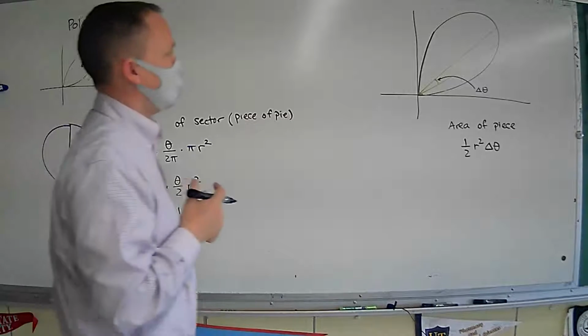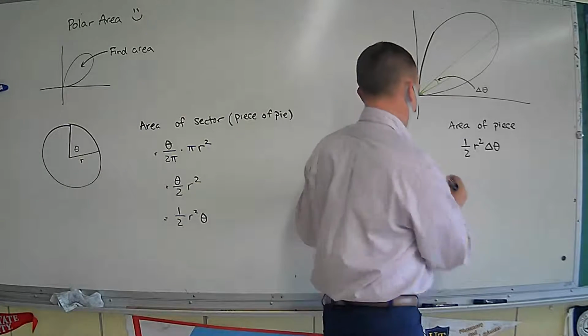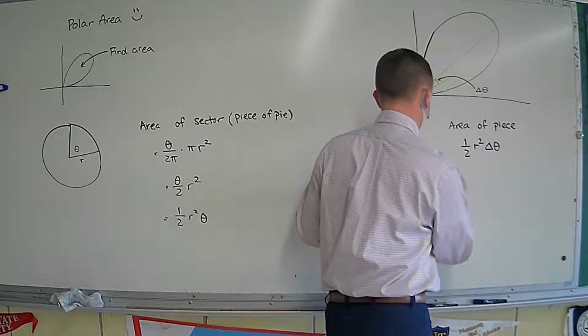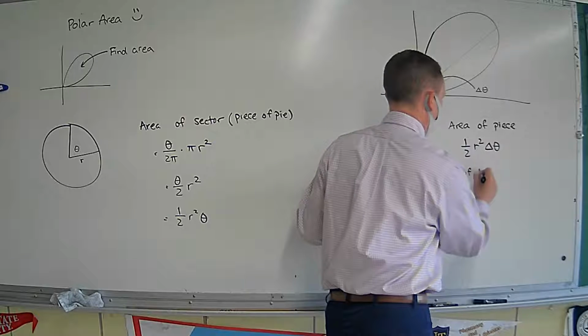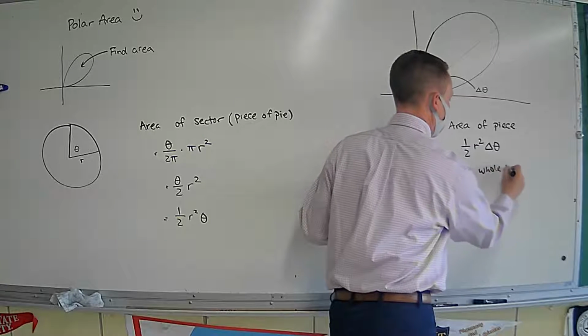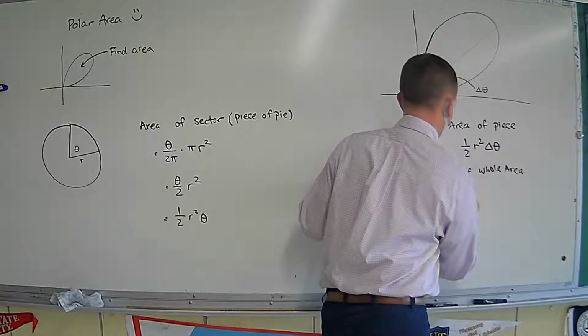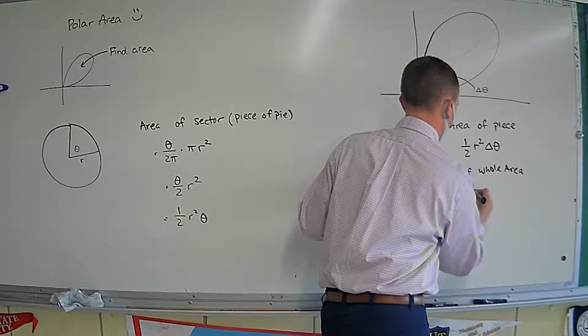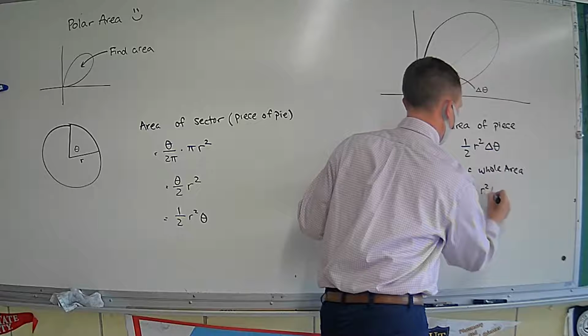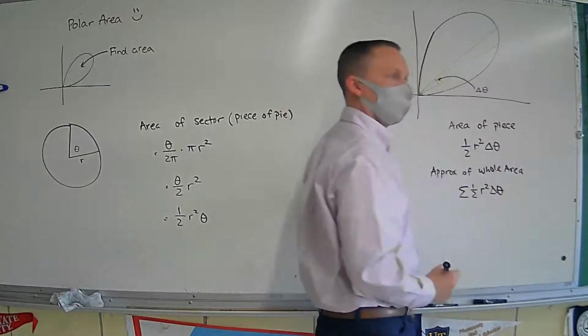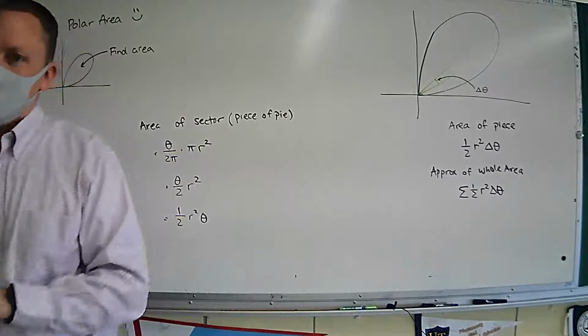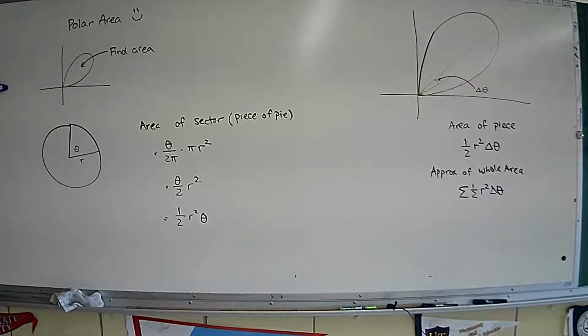All right? So an approximation of the whole area would be just sum up a bunch of those guys, right? But how do you make that approximation better? What do you do in order to make that approximation better?